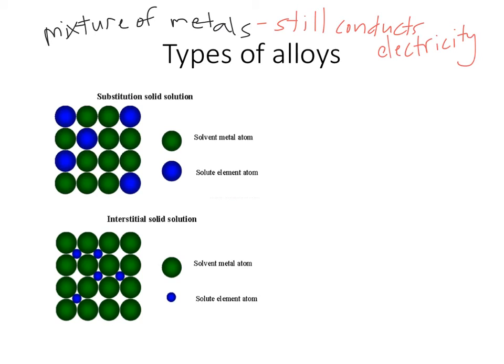And there are two types of alloys that the College Board wants you to know about. One of them is a substitutional or substitution alloy, and the other is an interstitial alloy. So we'll talk about substitutional first.